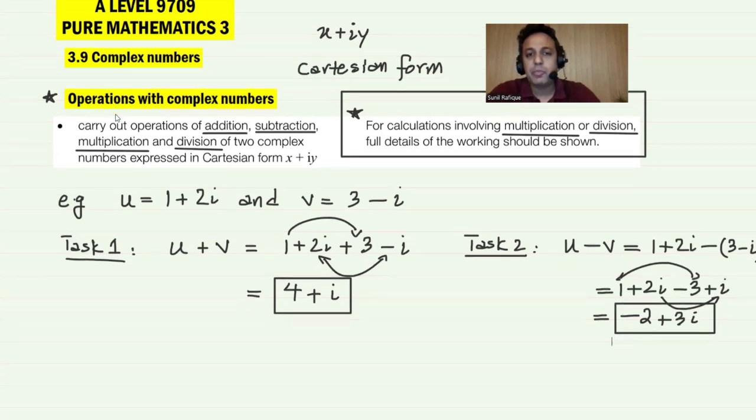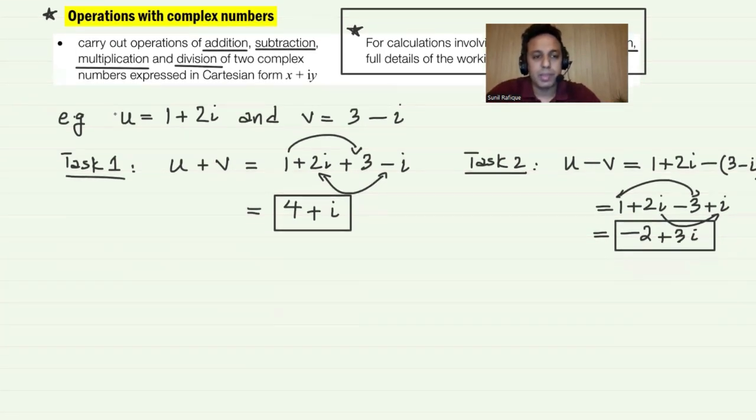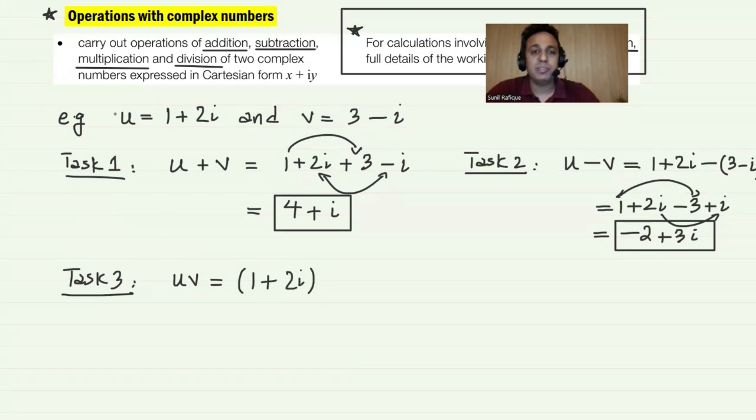Task 3, how do you multiply complex numbers? Let's multiply uv. It's 1 plus 2i times 3 minus i, and there is an emphasis: the examination requirement is that you must show clear working. You can't just substitute them in the calculator and get your answer straight away.